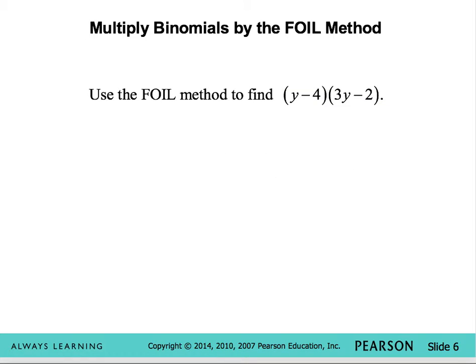This says use FOIL. Let's just back up so I don't have to rewrite it.